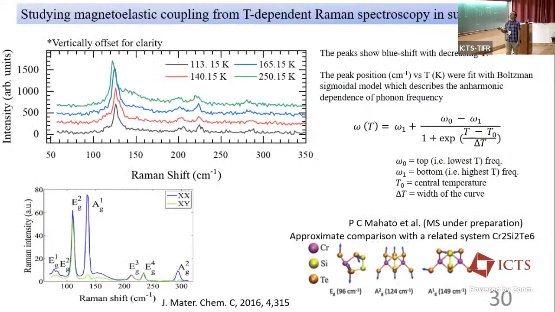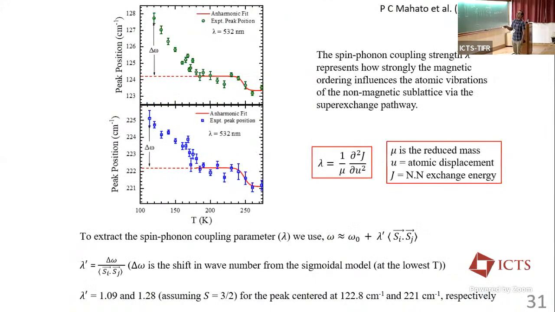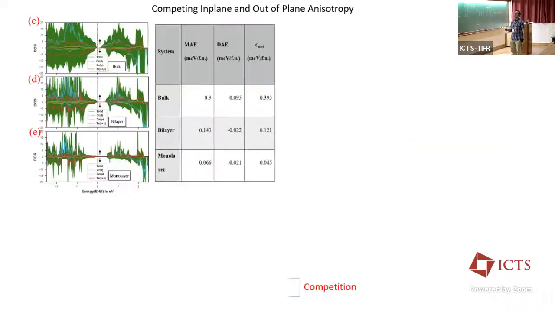There is an anharmonic fitting which you can do to explain the shift with temperature. That anharmonic fitting works up to a certain temperature, but then the shift in both Raman peaks is much more than what can be explained by the anharmonic fitting, and that comes from spin-phonon coupling inside the system. So the system is very sensitive to the phonon, and the lattice is very strongly coupled. Any sort of distortion inside the system is going to change the anisotropy.